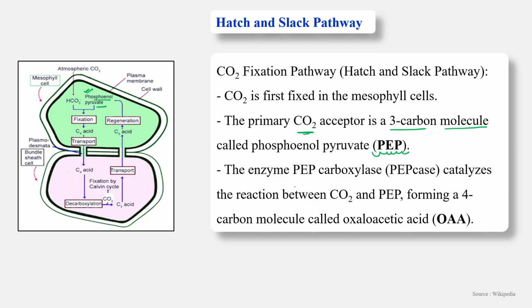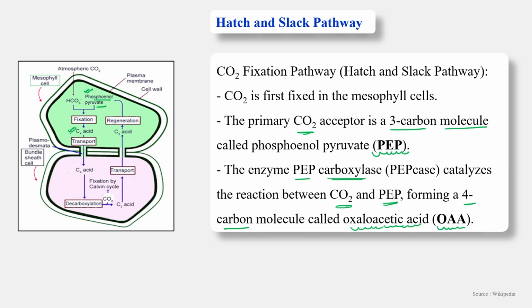Here, an enzyme known as PEP carboxylase or PEPase catalyzes the reaction between carbon dioxide and phosphoenol pyruvate and forms a 4-carbon molecule known as oxaloacetic acid or OAA. So this is the 3-carbon molecule, and after accepting one carbon dioxide, it will convert into a C4 acid.